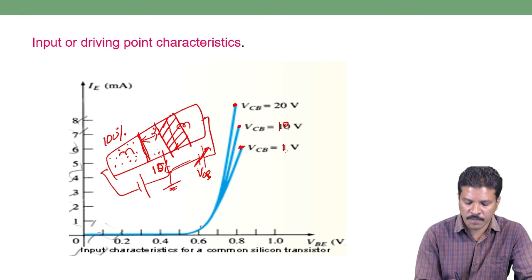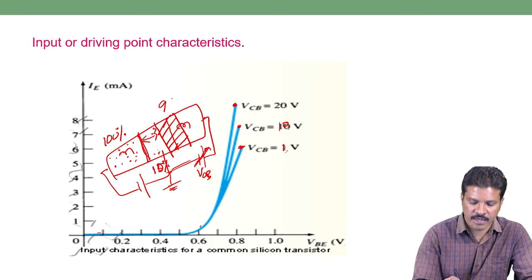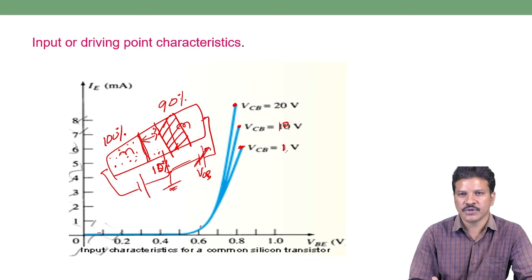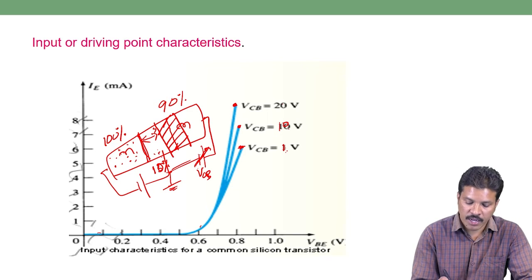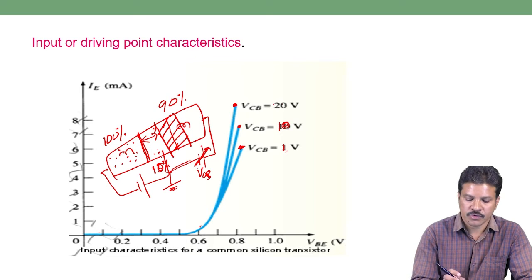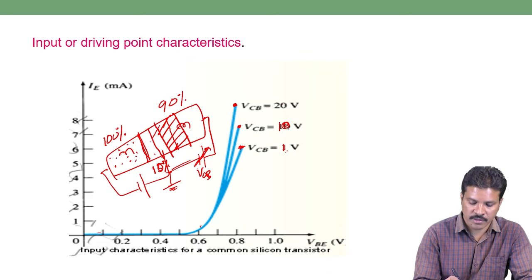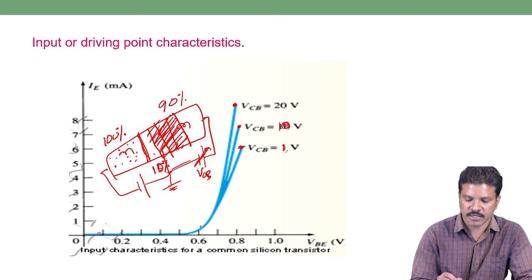When only 10% recombination takes place and 10% current flows in the base region, the remaining 90% reaches the collector. When I increase again from 10 volts to 20 volts, the base region decreases further as the collector-base depletion width increases.